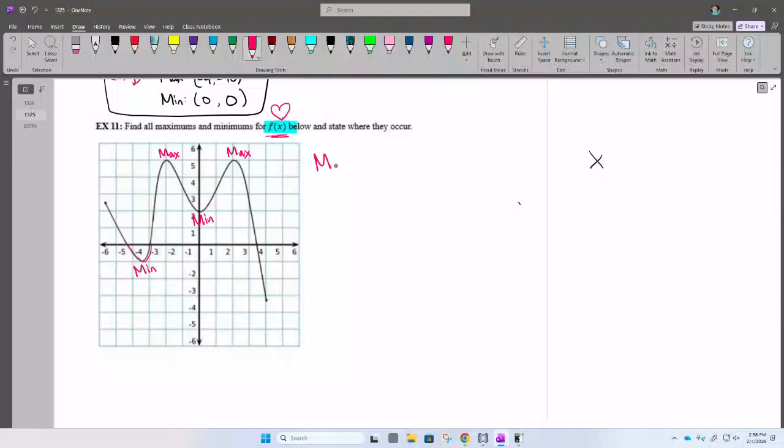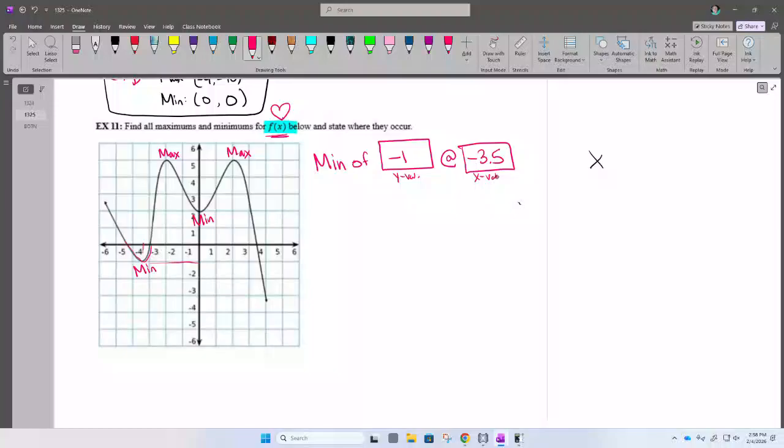So I'm going to do the min first. So we have a min of, and this is where like online homework would have a blank here. So we have a min of, and this is where the y value goes. I'm doing the first one over here. So a min of -1, and it occurs at the x value, which I'm going to go with -3.5.